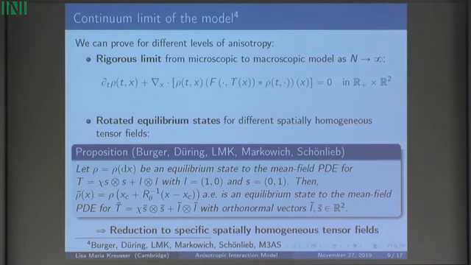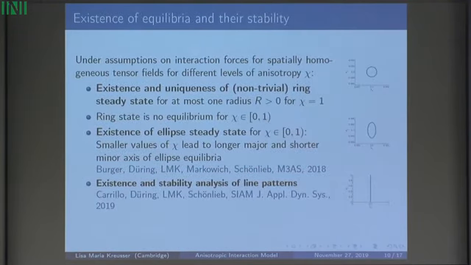And this means in the following, we are going to assume that for spatially homogeneous tensor fields, the direction of the smallest stresses is always in the vertical direction. So we hope to get some stretching along the vertical axis. And then we can both perform some analysis and some numerical simulations.